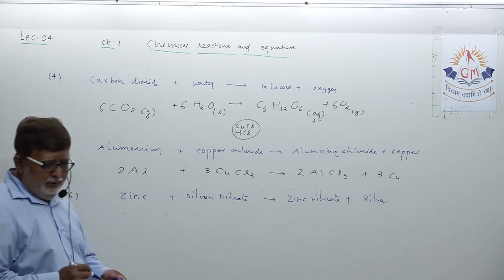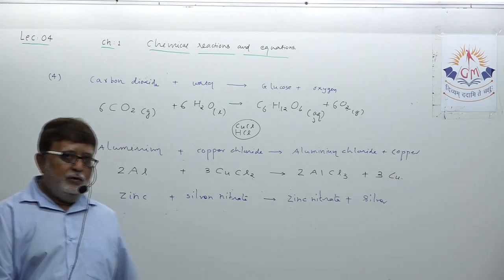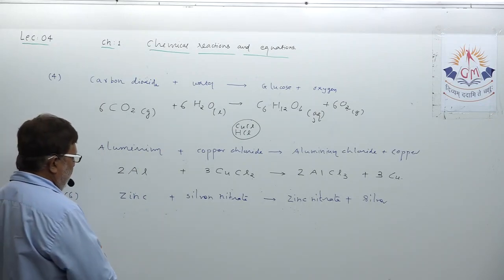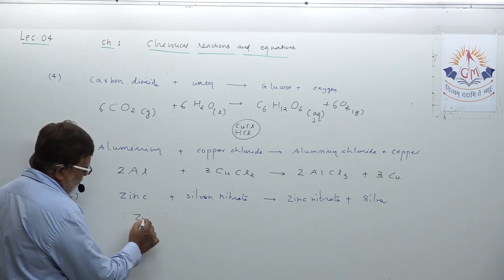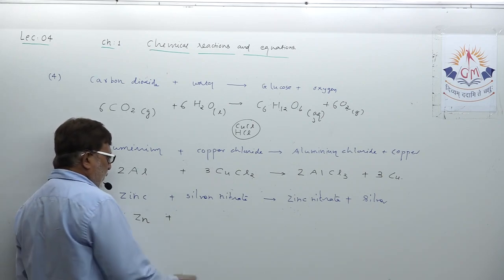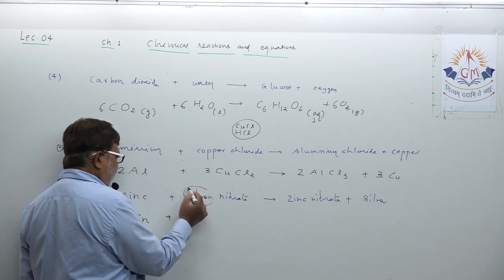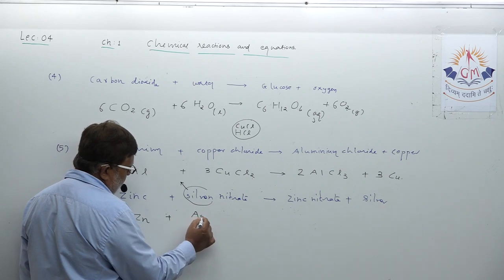Again, dear student, you need to develop the skill of writing the correct molecular formula. Let me write for zinc, Zn. Silver nitrate. What is the chemical name of silver in the Greek language? Argentum. So the symbol is Ag.